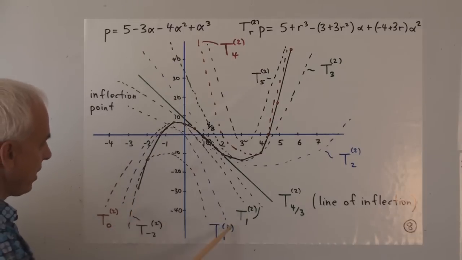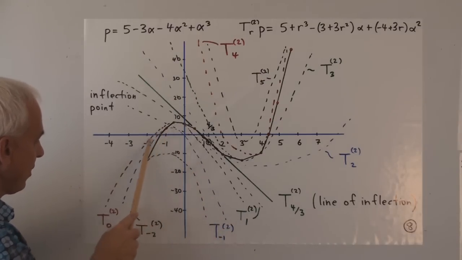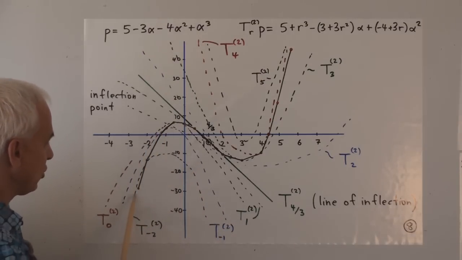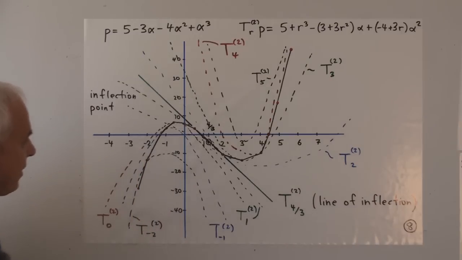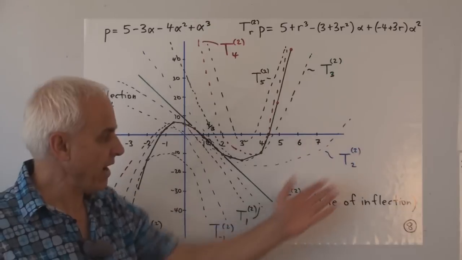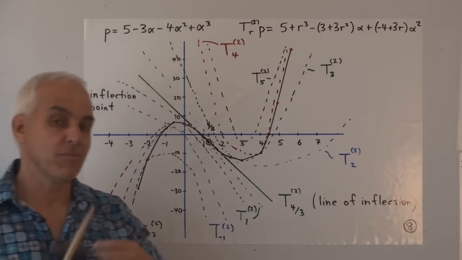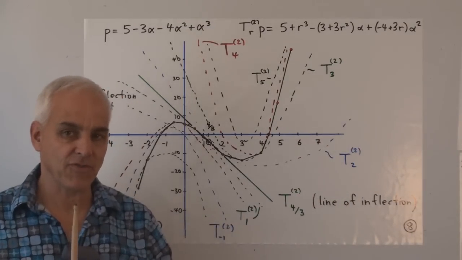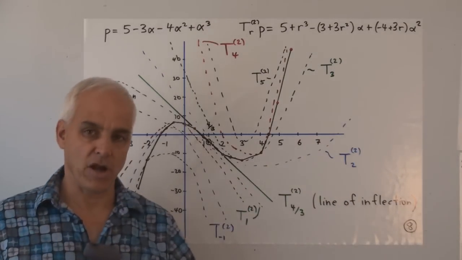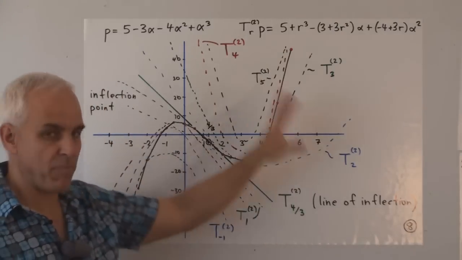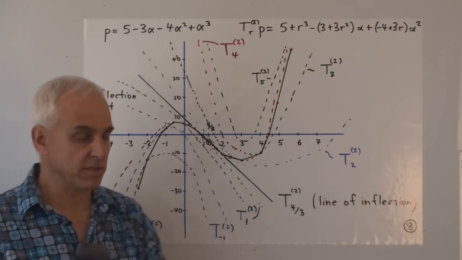At -1, it's like this. At -2, it's like this. And as we keep on going down, there are more and more parabolas inside here. So pretty well every point in the plane is approximately on one of these tangent conics. The tangent conics fill up the visible plane, at least approximately.